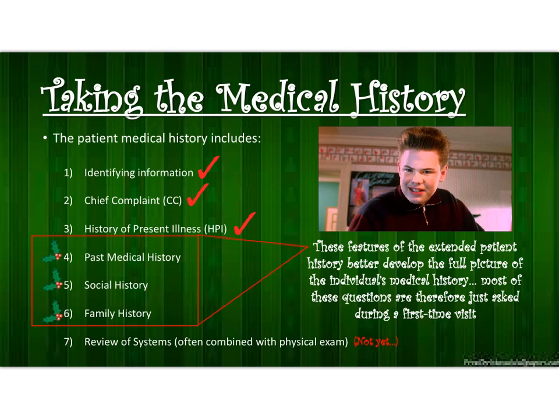Looking into their past a little bit more, looking into their relationships a little bit more. And so that's going to include the past medical history, the social history, and the family history. And then the last part of a full medical patient interview is called the review of systems, which you usually combine while you do a physical exam. But we're not going to learn physical exams, so I'm going to say you're not ready for that just yet.